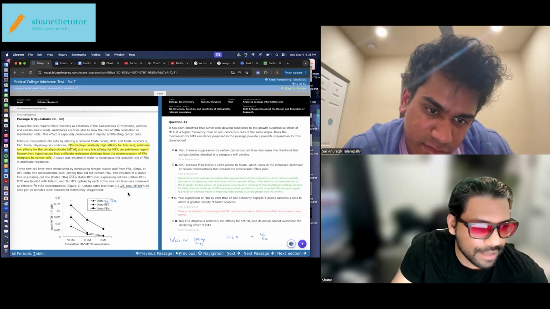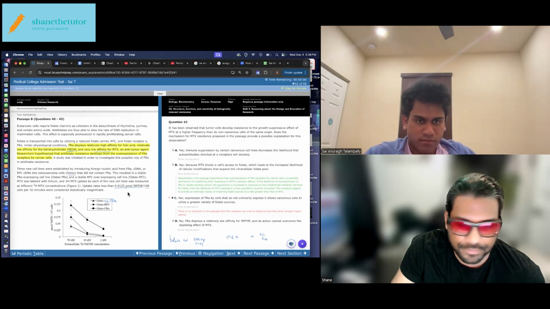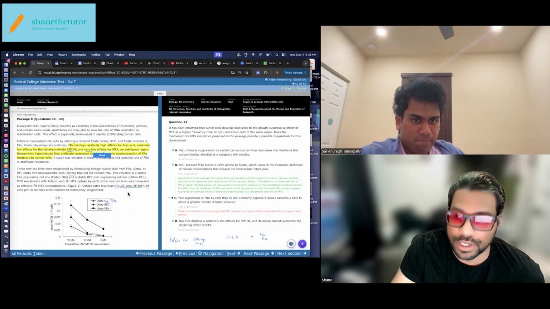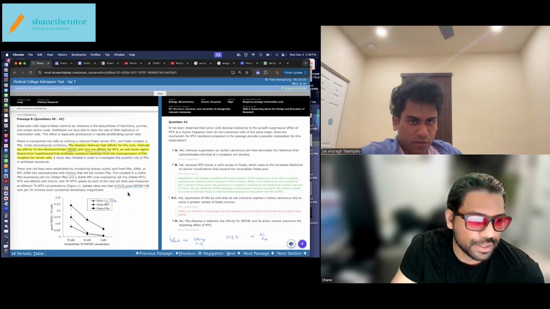So they said that the 5-MTHF has a low affinity, right? And they say for the MTX a very low affinity. Even worse.